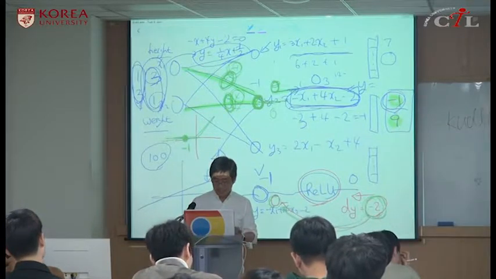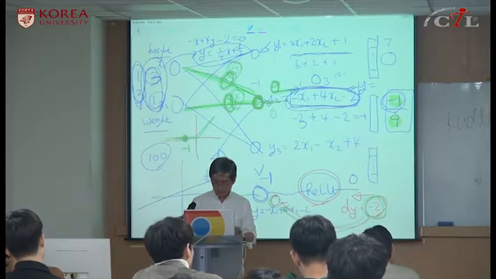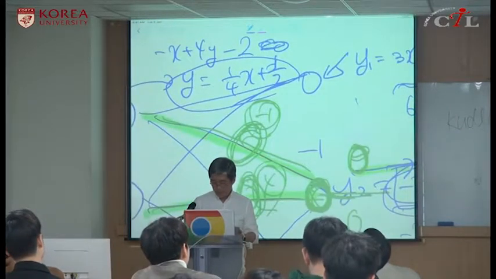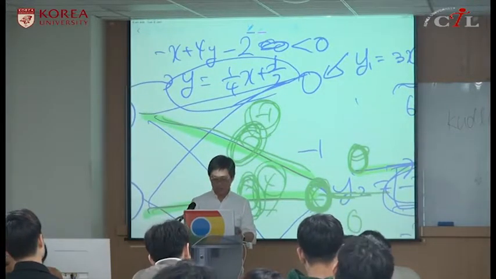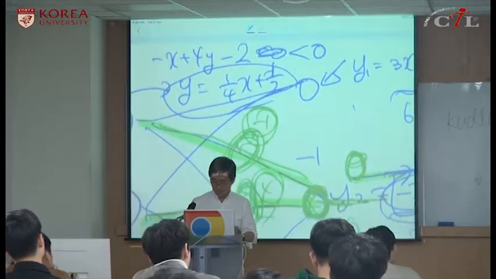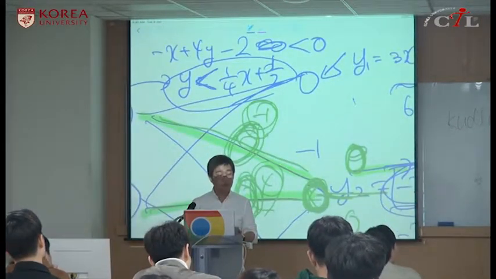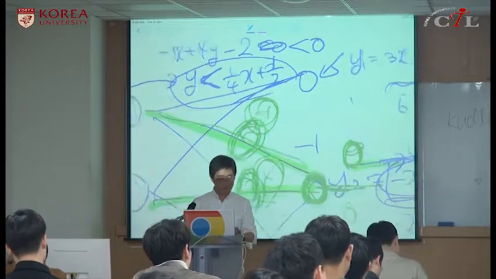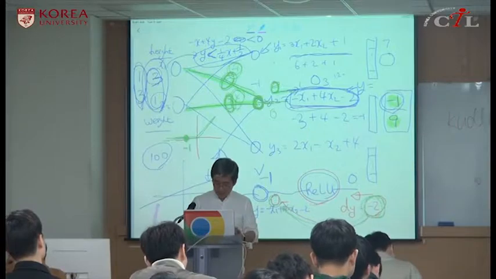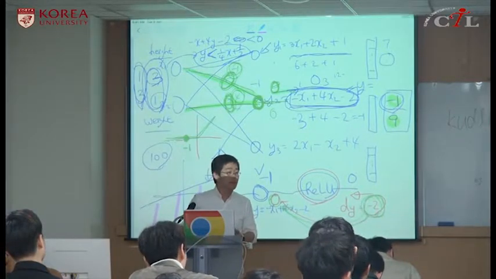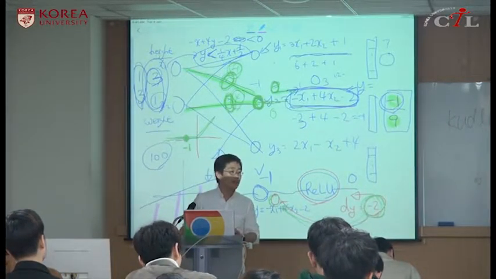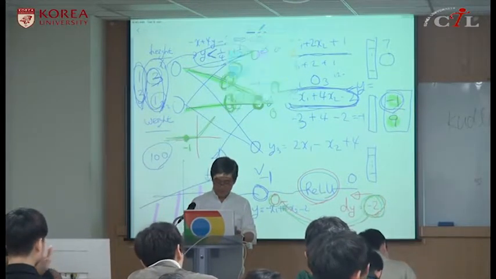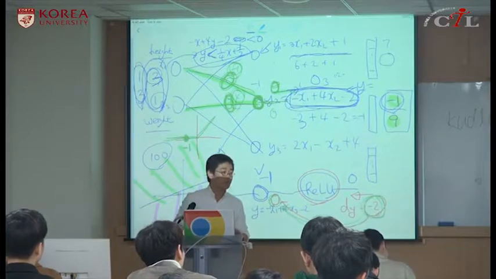And when this thing gets a negative value, it corresponds to the region where y is lower than this line. So this part is the region where we get a negative linear combination output, and this region will produce the positive linear combination output, right?